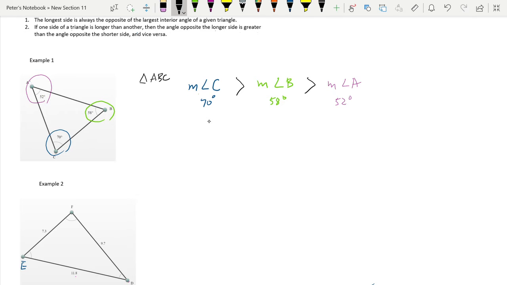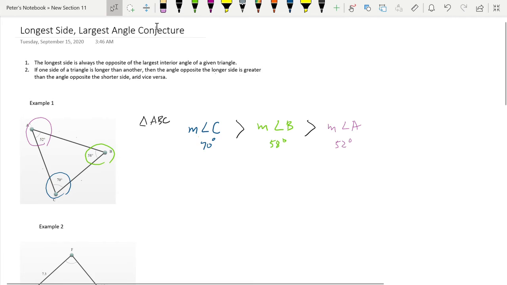Mr. Kim, there's no length given for each of the sides. How do we know which one's the longest side? Well, using the longest side, largest angle conjecture, the longest side is always opposite the largest interior angle of a given triangle. So if we assume that is true, this is the largest interior angle of this given triangle, right? 70 degrees.